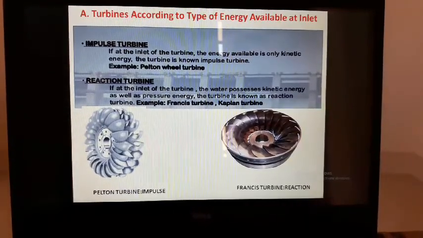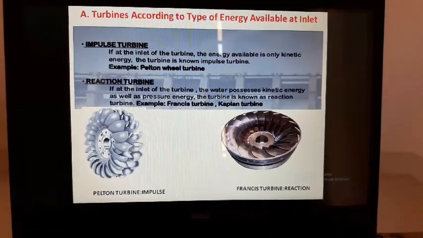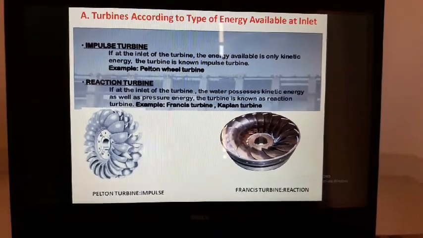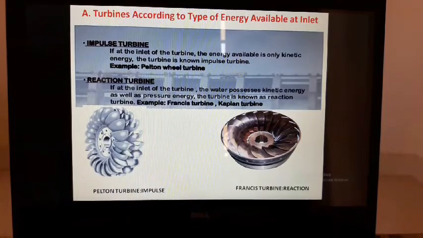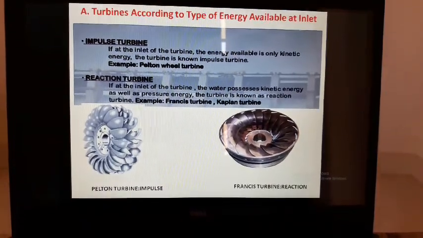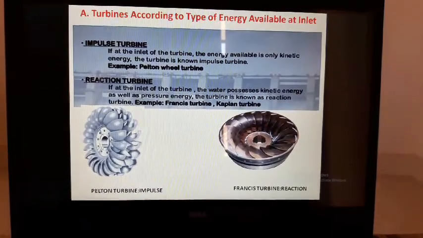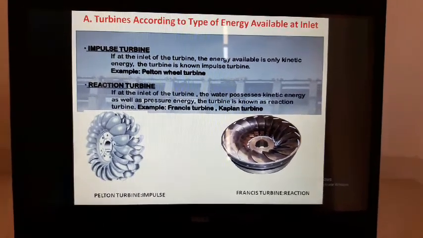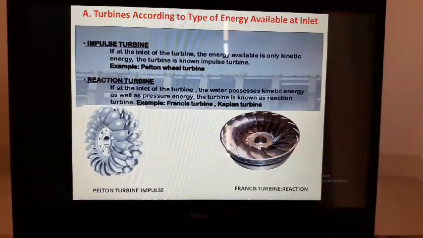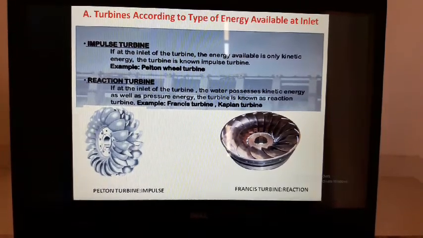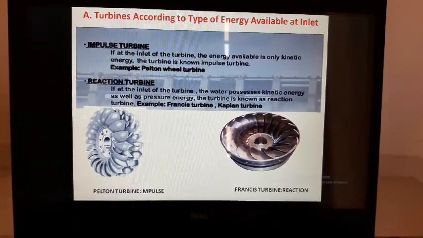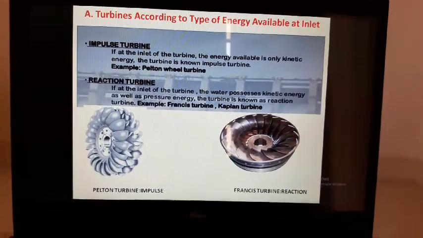The second one is the reaction turbine. If both pressure energy and kinetic energy are available at the inlet of the turbine, then these types of turbines are called reaction turbines. For example, Francis turbines and Kaplan turbines are both reaction turbines. In the diagrams, a Pelton wheel turbine and a Francis turbine rotor are shown.